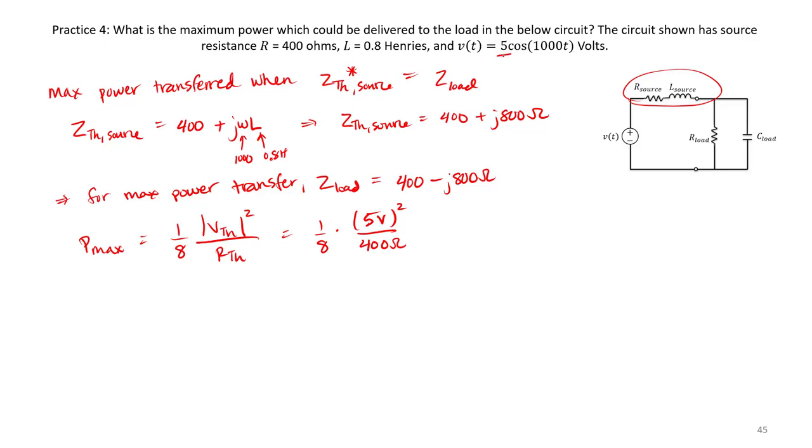Remember, 5 volts is the magnitude of our Thevenin voltage, and 400 ohms is the real part of our source's Thevenin impedance. This gives us 25 divided by 8 times 400, which is 0.0078125 watts, or about 7.8 milliwatts.